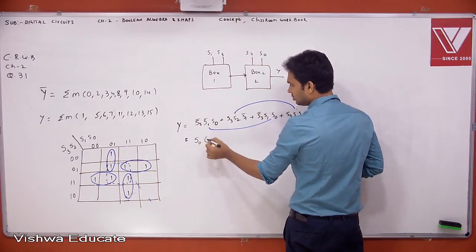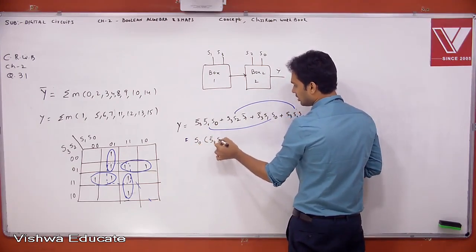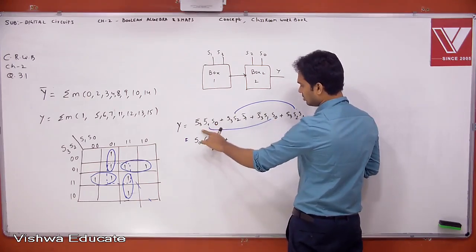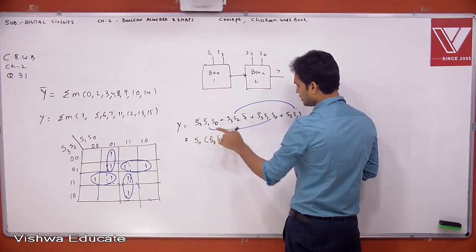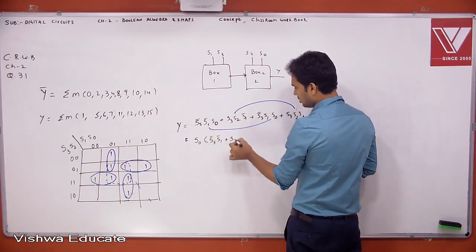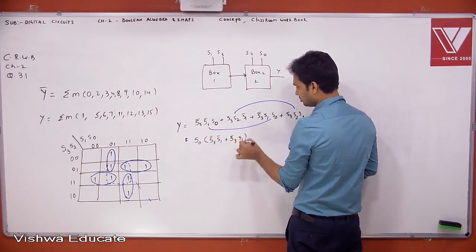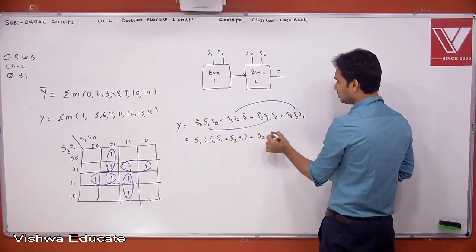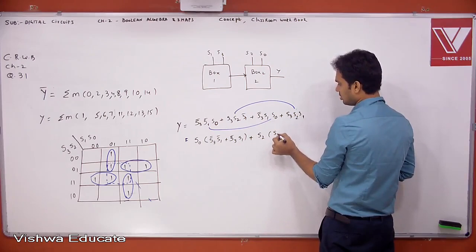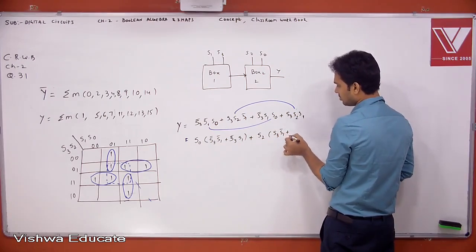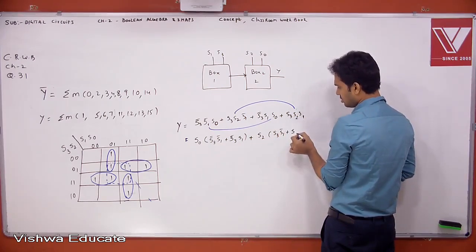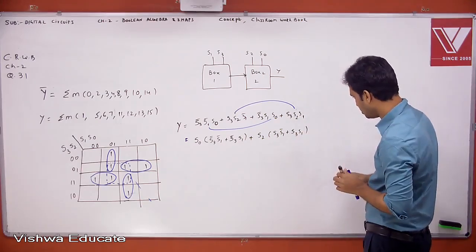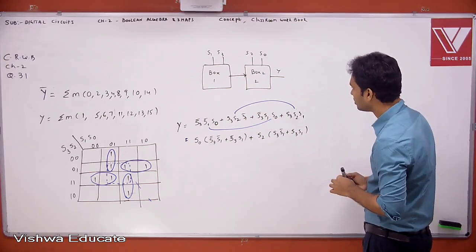So let me take it S0 into S3 bar S1 bar plus S3 bar S1 plus S2 into S3 S1 bar plus S3 S1. I can take S3 common again.